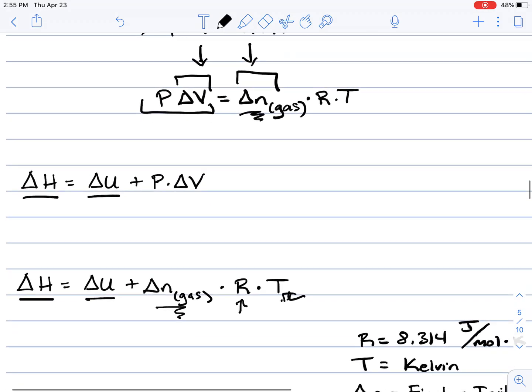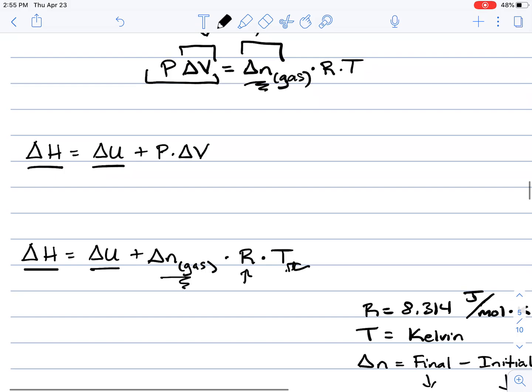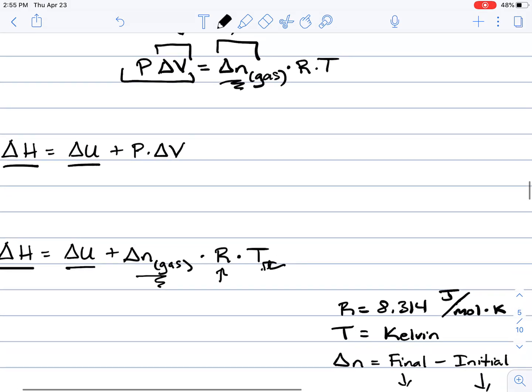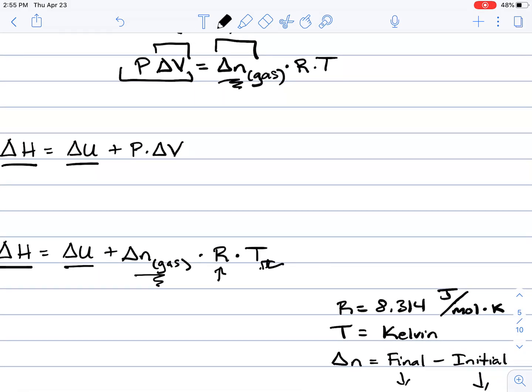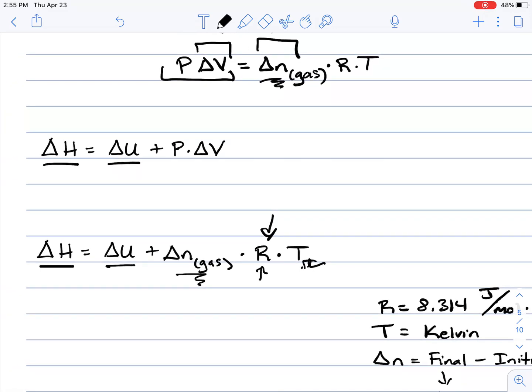Let's understand the little pieces in this equation. First, let's talk about the gas constant. We know that the gas constant is 0.0821 liters atmospheres per mole Kelvin. But recall that both enthalpy and internal energy are expressed in either joules or kilojoules, or joules per mole or kilojoules per mole.